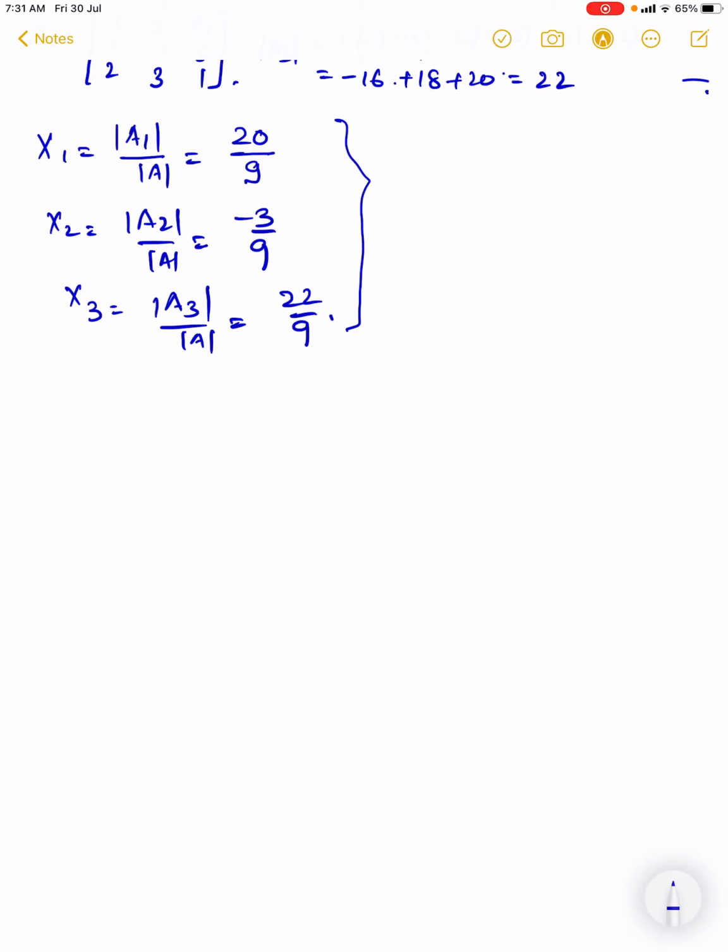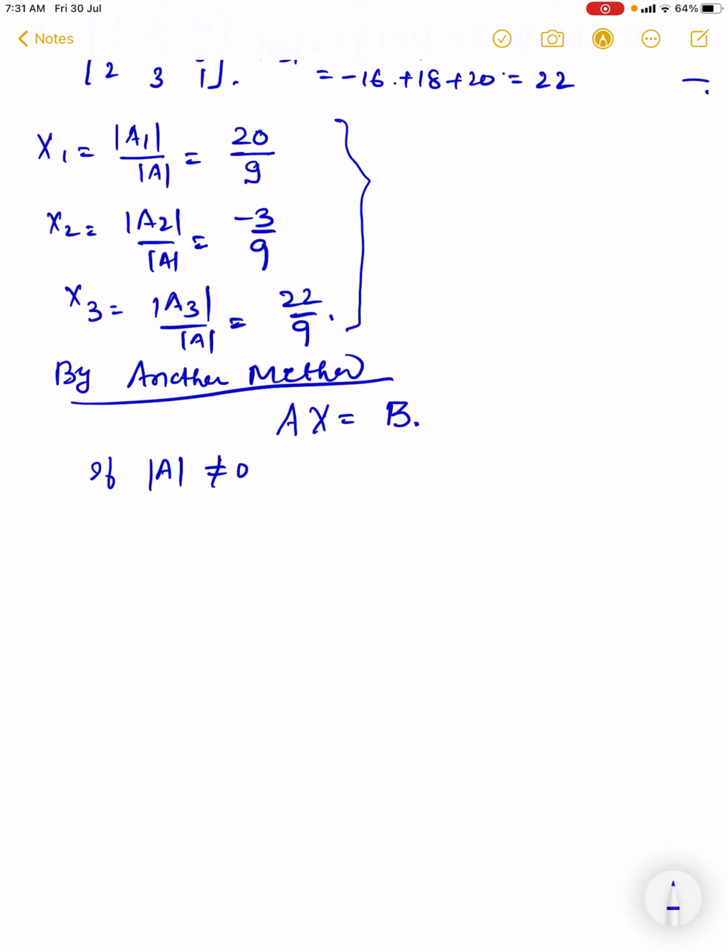Now we can solve the same algebraic equations by another method, the second method, the matrix method. As we know, the system of linear equations can be written as AX equal to B. If determinant A is non-zero, that means A inverse exists.